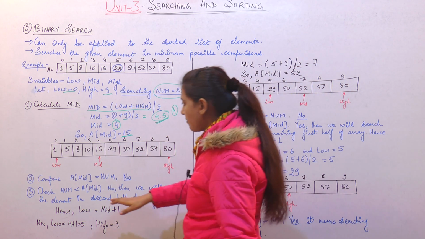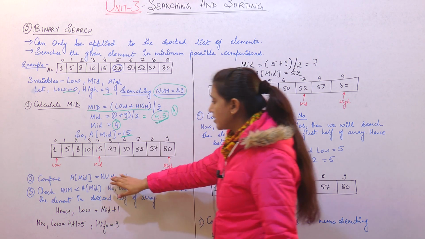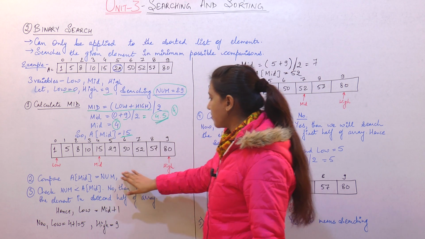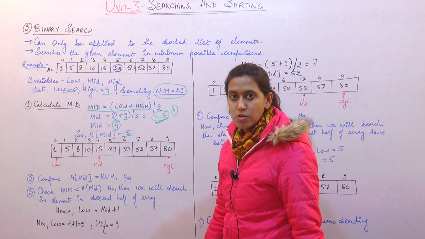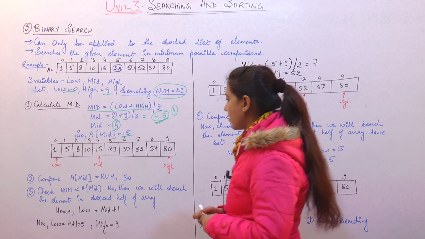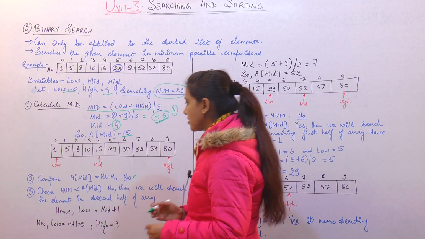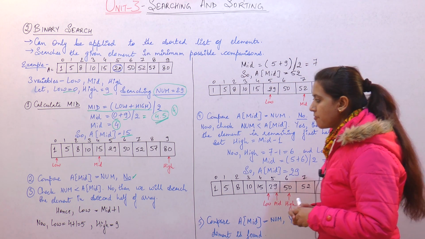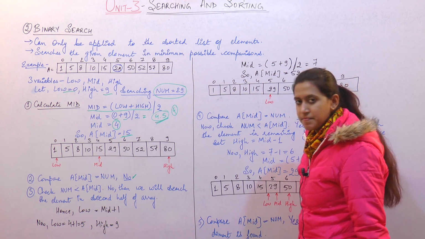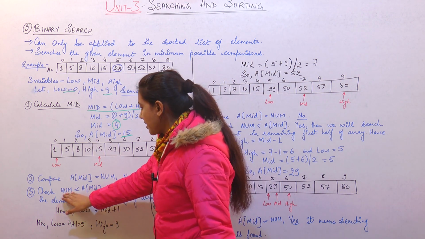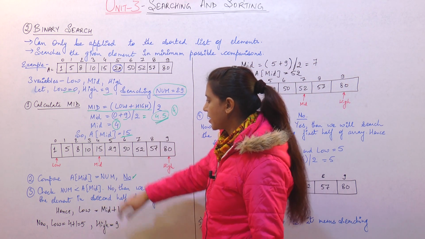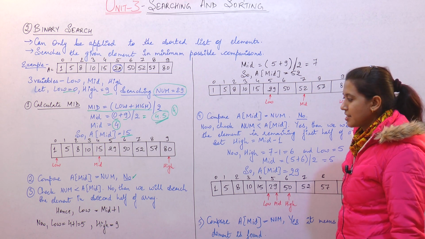Now we will compare the value at mid with the searching number. The value at mid is 15 and the number we are searching is 29. So 15 is not equal to 29, and the result is no. Now we check whether the searching number is less than the mid value. 29 is not less than 15.